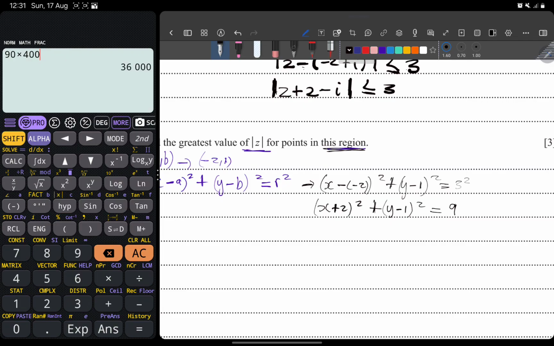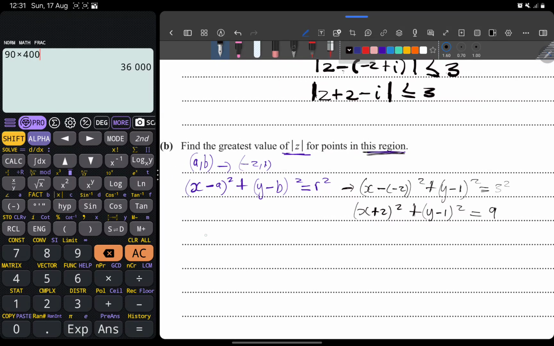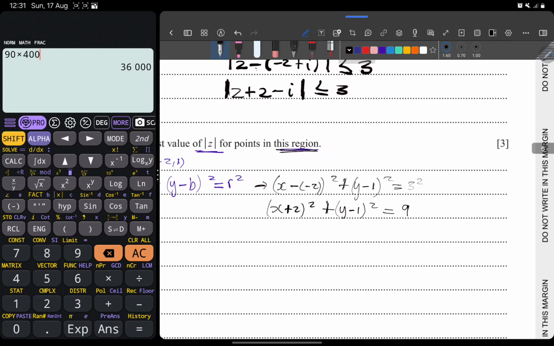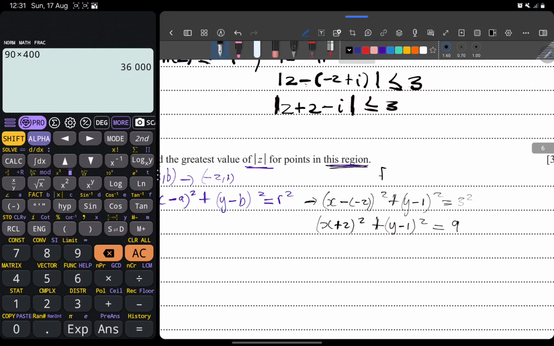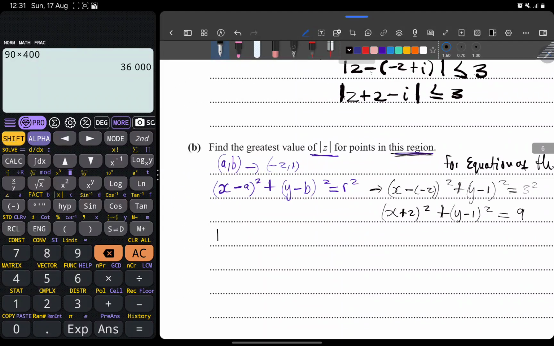Fine? Good. Now for the other one, this is for the equation of the circle, okay? Then for the equation of the line, you'd now say y is equal to negative 1.